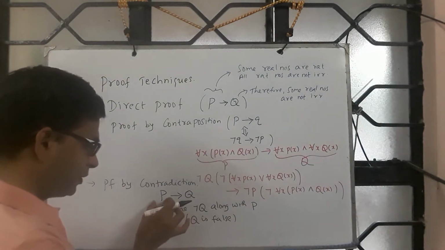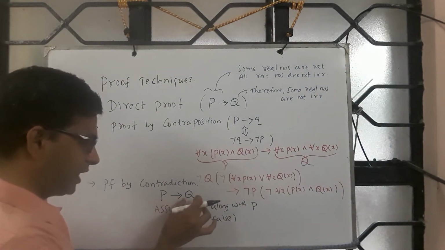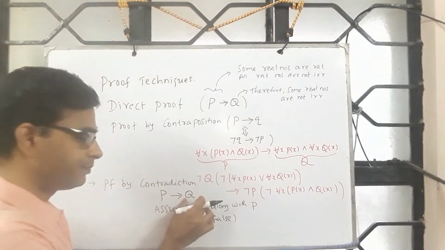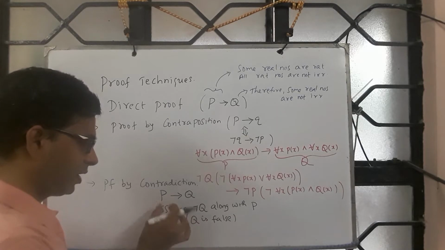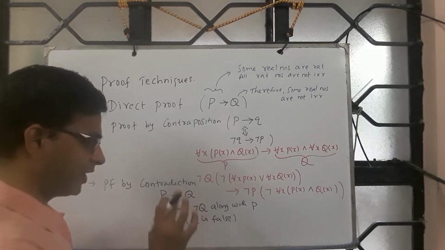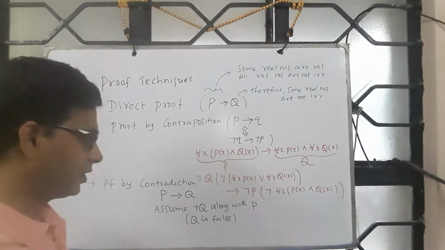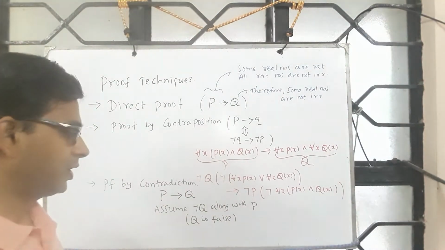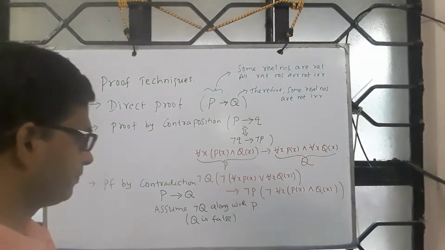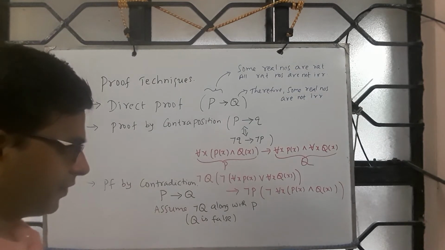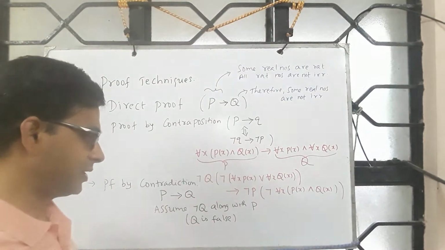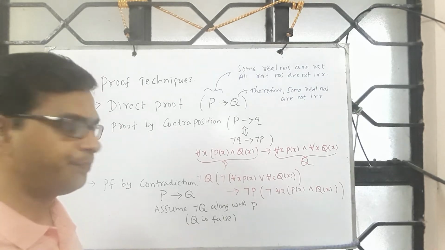So premise P is given, you are asked to derive Q. Now along with the premise P, I am also assuming negation Q, which means Q does not follow. So Q is false. Then you start simplifying using well-known identities, implications, axioms and so on.